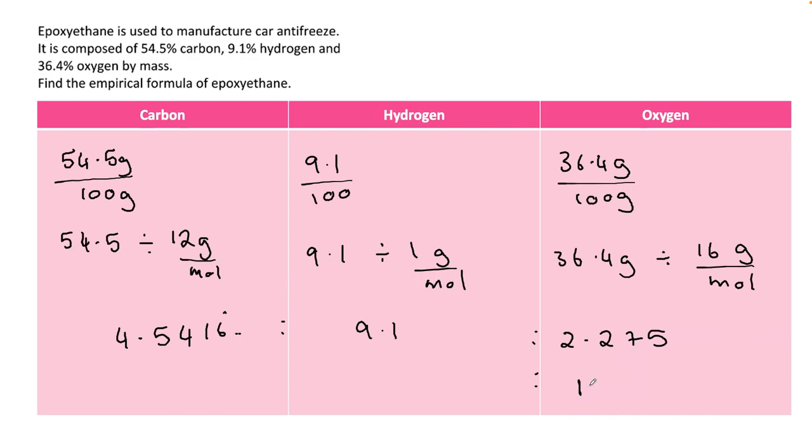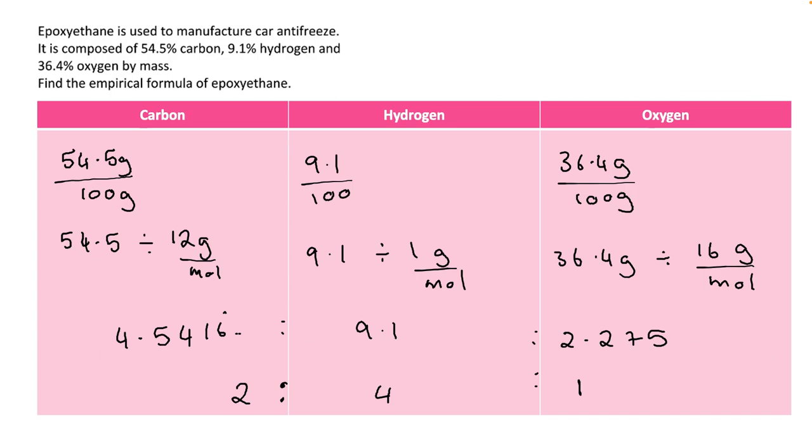Then if I do 9.1 divided by 2.275, I'm going to get 4. And if I get my number here, 4.54 divided by 2.275, I'm going to get 2 as my answer. So 2 is to 4 is to 1.